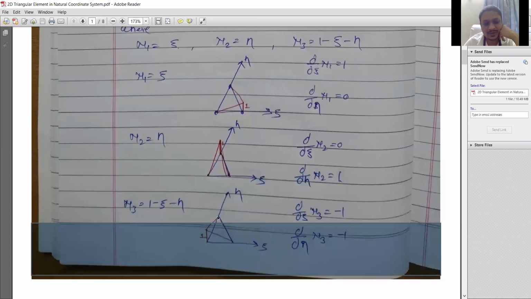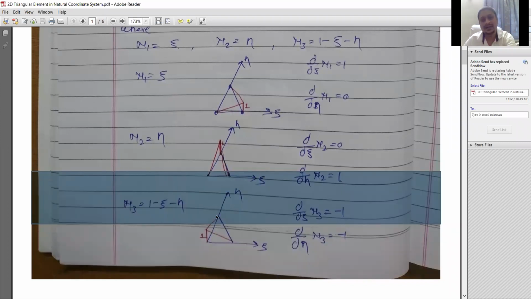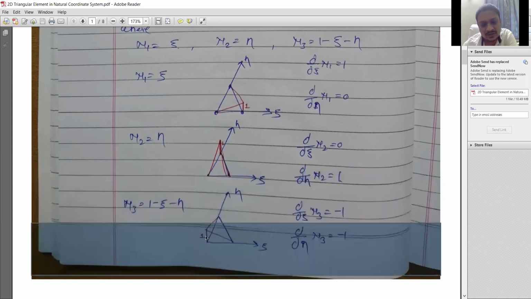Similarly at the second node, the value of xi is 0 but the eta value is 1, so you get the N3 value at the second node as 0. So here you can see the variation of shape function N3 is like this. Its value is 1 at node number 3, but 0 at node number 1 and node number 2.